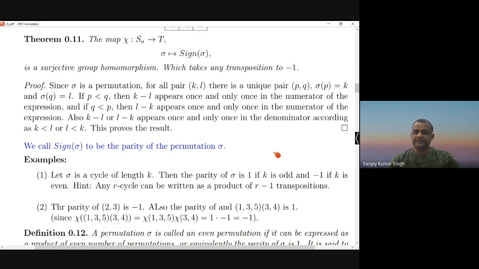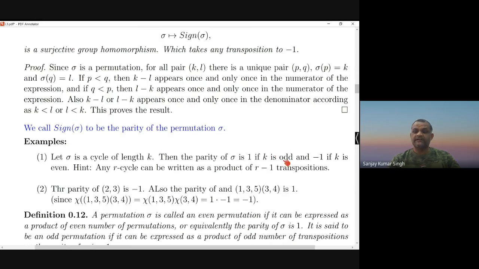So this is 1 if k is odd. If k is odd, then you get k minus 1 transpositions, which is an even number. And the product of -1 an even number of times is always 1. So you get parity 1, and similarly you get parity -1 if k is even.